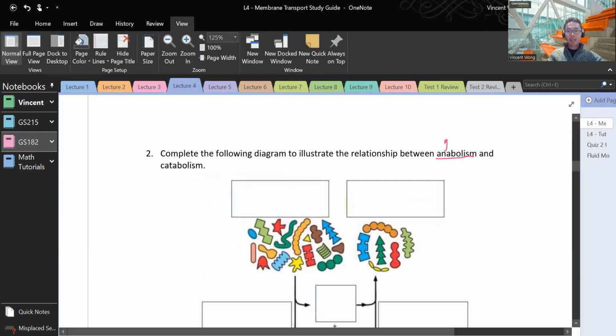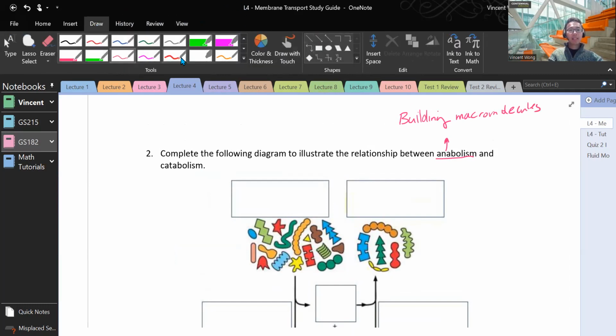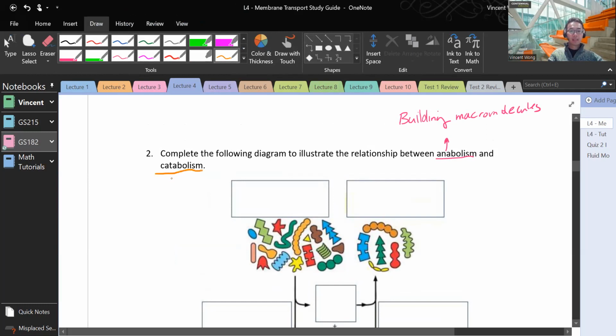Anabolism is basically building things, building big molecules, building macromolecules. Okay. Whereas catabolism is breaking down macromolecules. Okay.